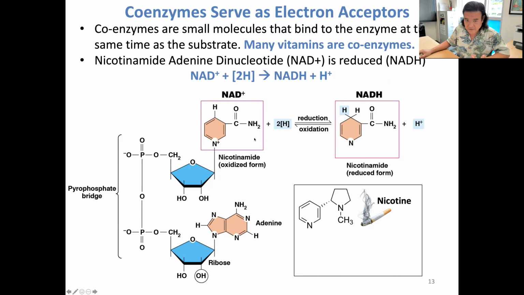a nicotinamide group. And so this group over here, called NAD+, very happily will take a pair of electrons with the two protons that are traveling with those electrons and become NADH. So you can see those electrons got added over here along with one of the protons, and then the other leftover proton is just released as an H+.